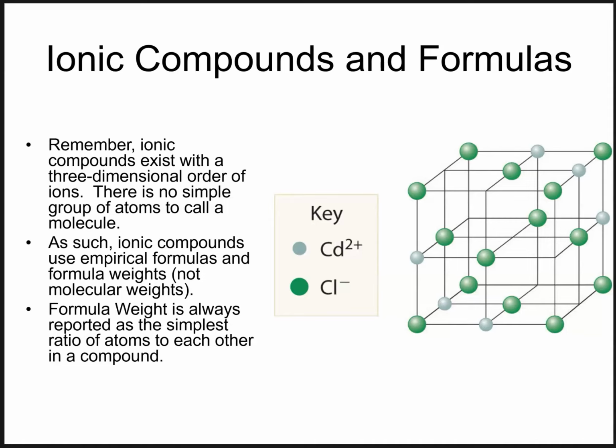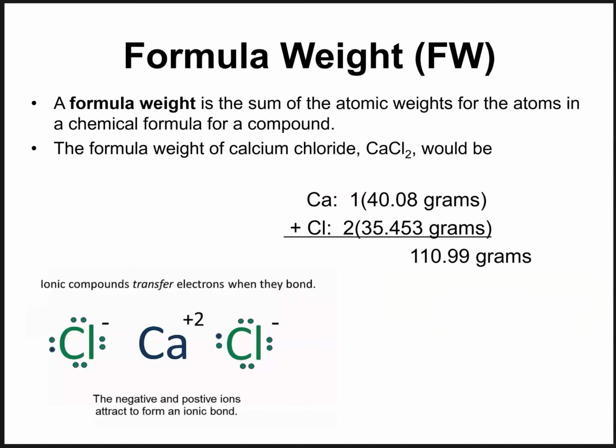So if you have a cadmium with a +2 charge and chlorides with -1, then when you bring those two ions together, you need to have 2 chlorides for every cadmium. That is the lowest ratio of cation to anion you can have. Therefore, when you actually calculate the formula weight of cadmium chloride, you would just take the mass of 1 cadmium atom and the mass of 2 chloride atoms to get the formula weight.